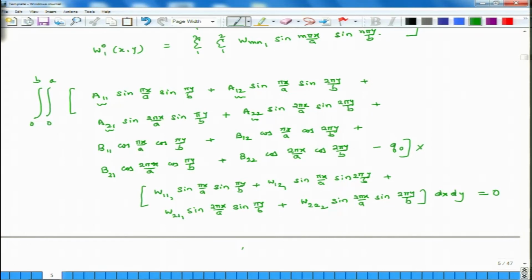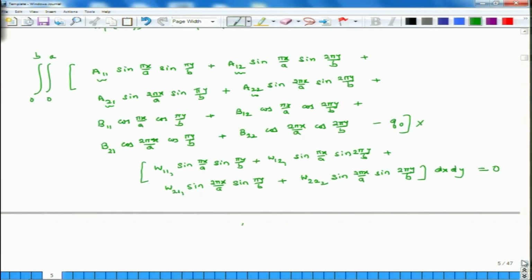Okay. Now, remember the unknown coefficients: in this coefficient is embedded W11, in this coefficient is embedded W12, and so on and so forth. Same thing in B's, also W11 is embedded, in B12 also W11 is embedded.